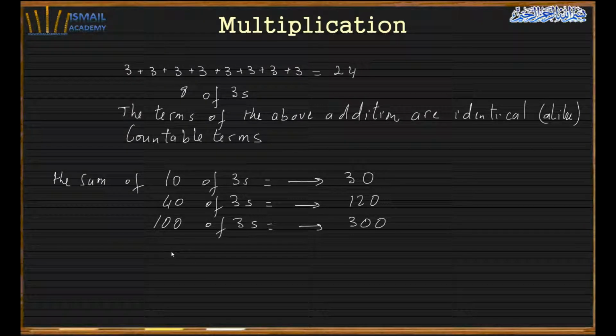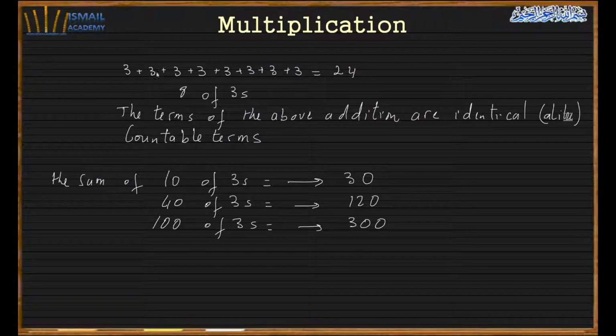With this way, if we have a big number of terms, we will be short of space. So we need to look for a short representation for this type of addition, which is addition with identical terms.